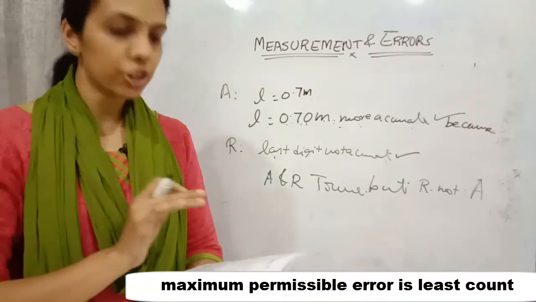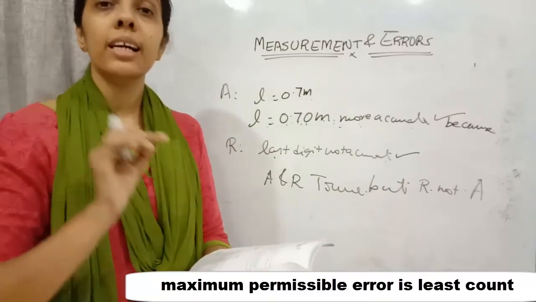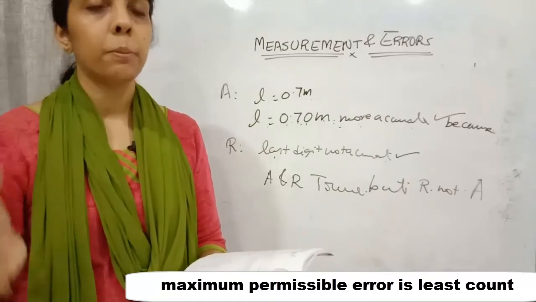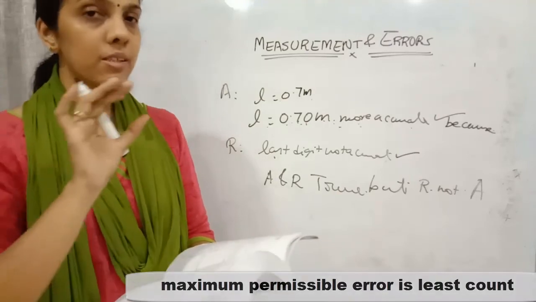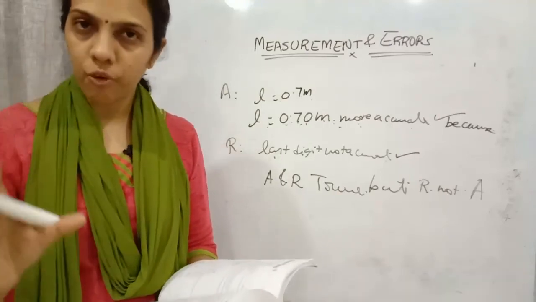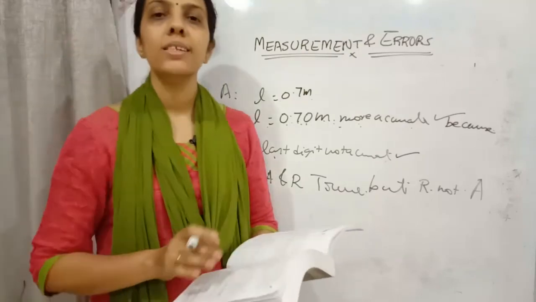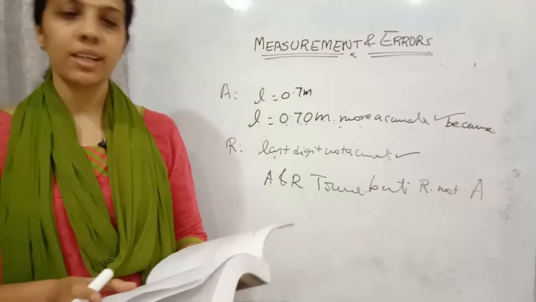So it's another definition for least count that is given over here, right? So here the reason is true, but the assertion statement is wrong. So the answer will be assertion is false, reason is true. Okay, clear? This is how we will be finding out the answers.